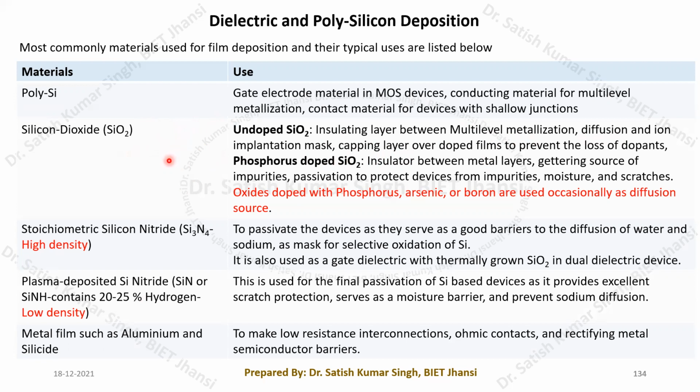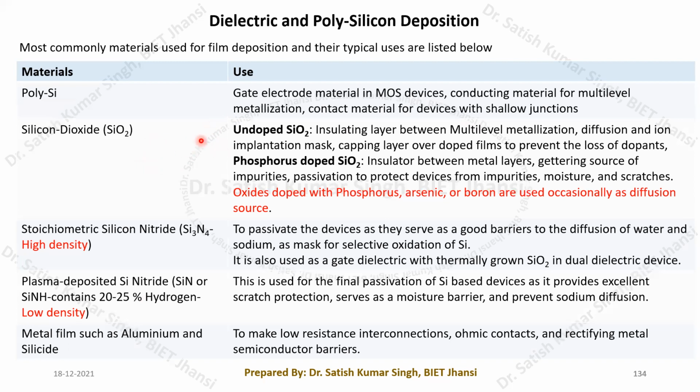Okay, so if you want to prevent that, because you don't want these dopants to go from this particular place to somewhere else, at that time we have to develop a capping layer.